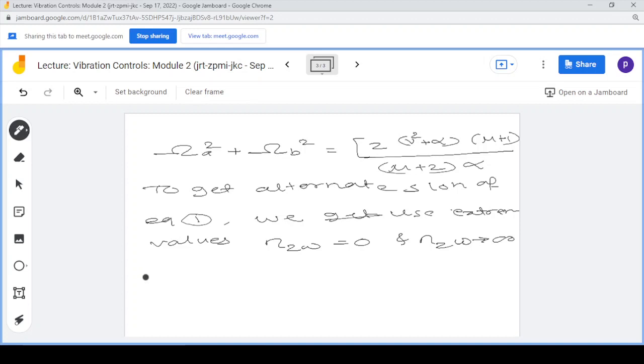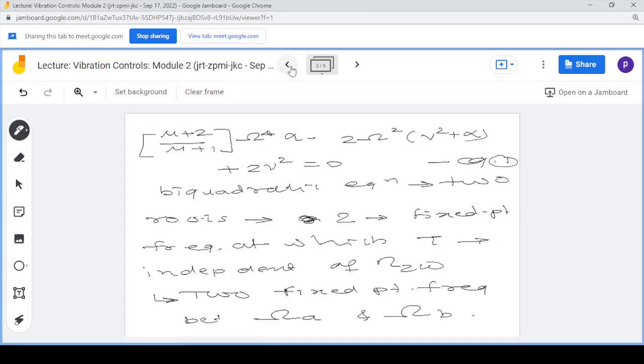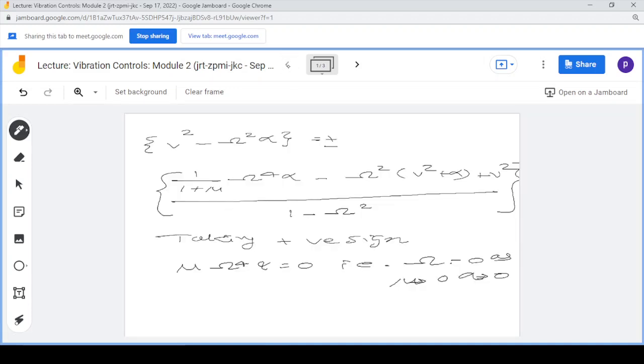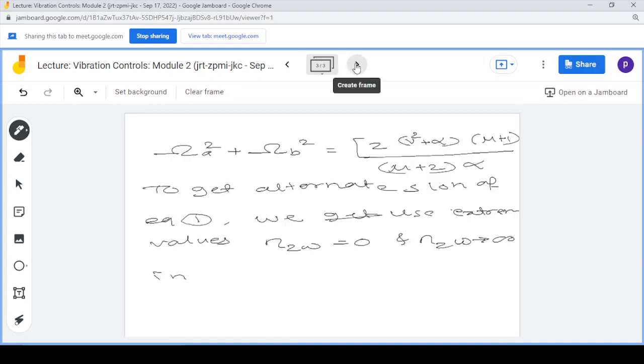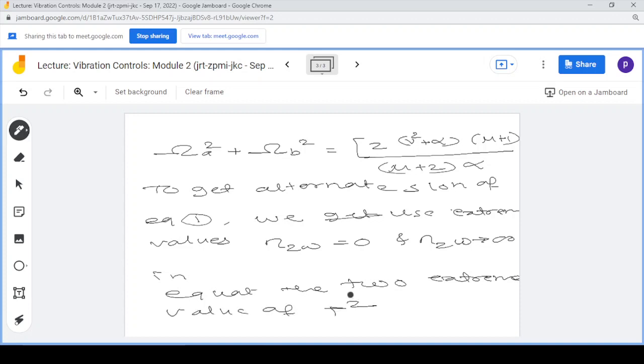That we can use in the main equation that we have solved or written, right? That was in the previous Jam. And then we can equate the two extreme values of t square by substituting these two.